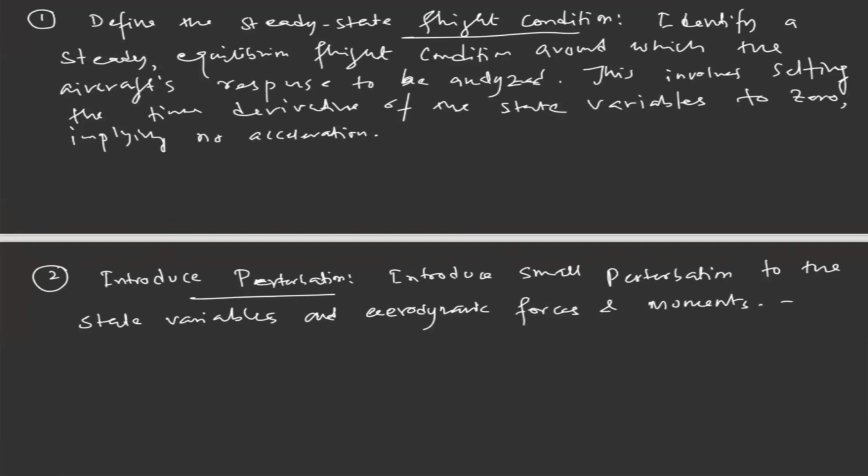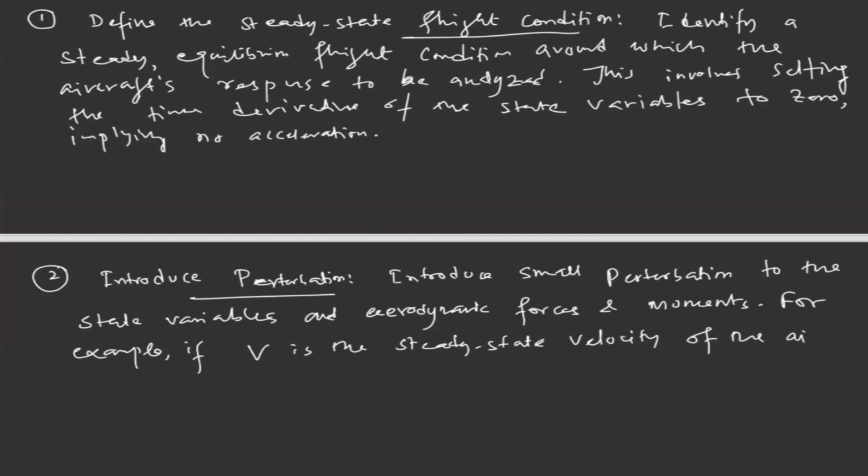For example, if you consider V is the steady state velocity of the aircraft, let's assume a small perturbation, delta V, is added.